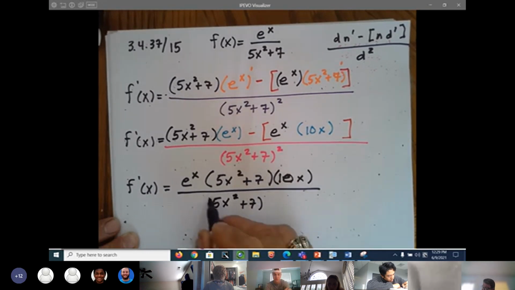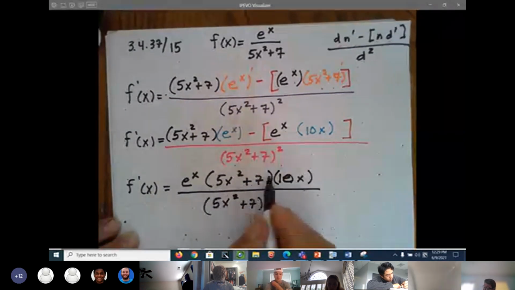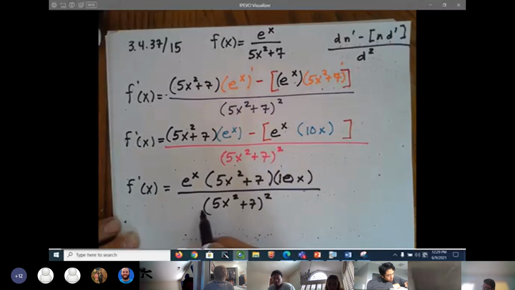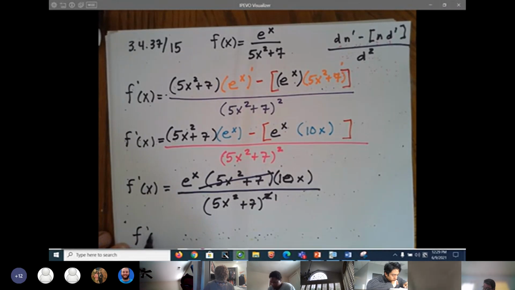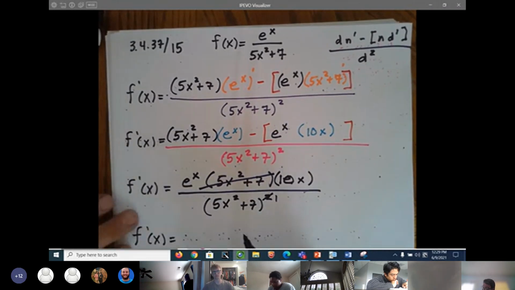You can cancel out one of these, and that's going to leave it to the first power. And f prime of x is equal to 10x e to the x over 5x squared plus 7.